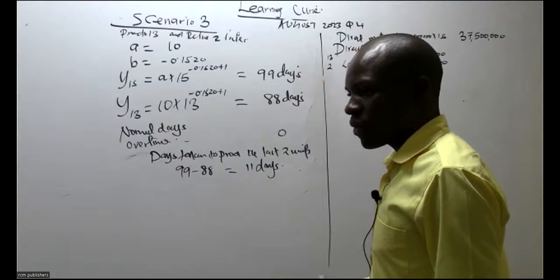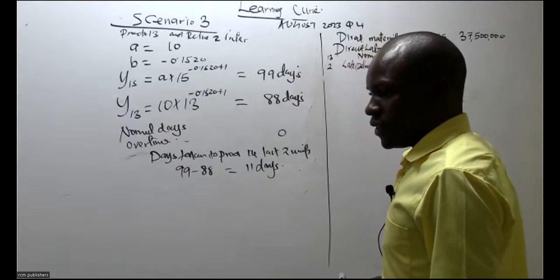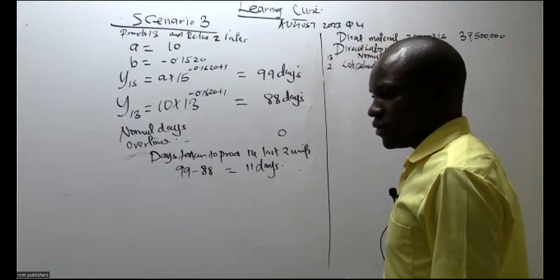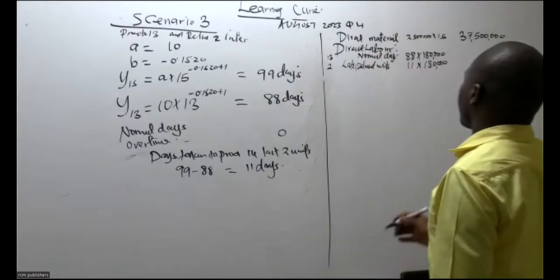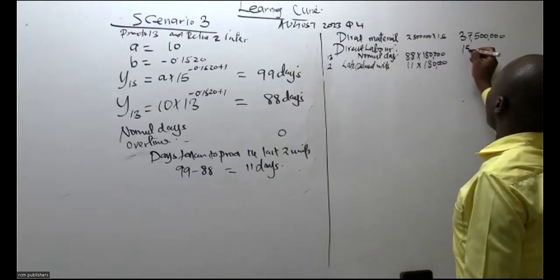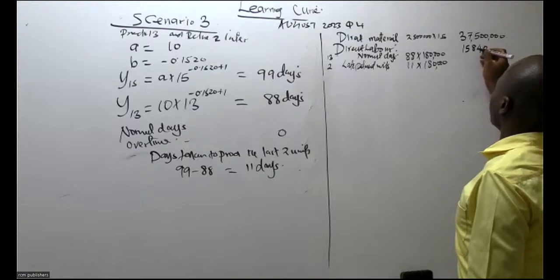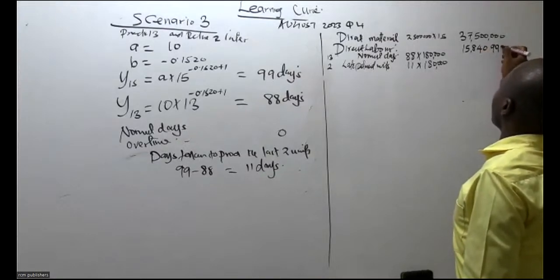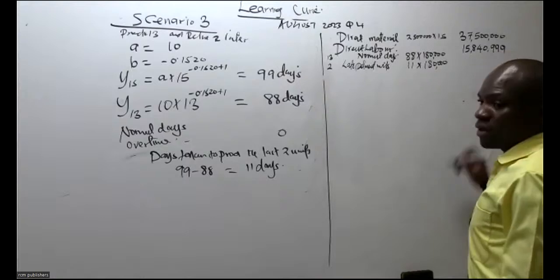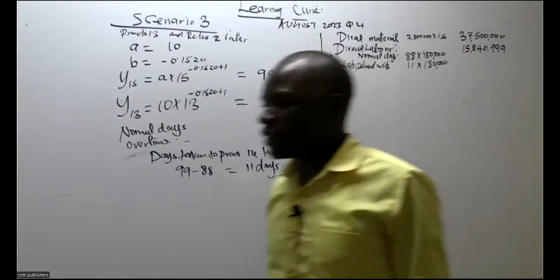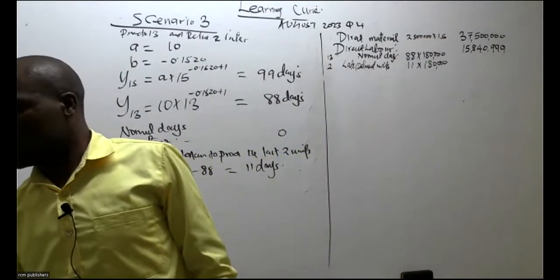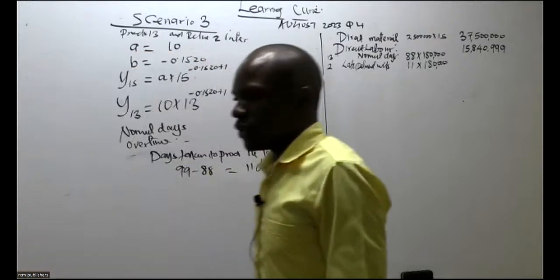I'm told it is 15,840,000. Somebody is giving me that. I want to see what majority are giving me. 1540.